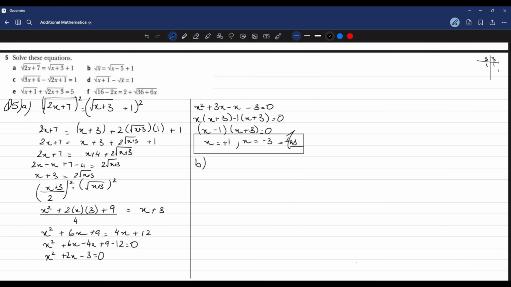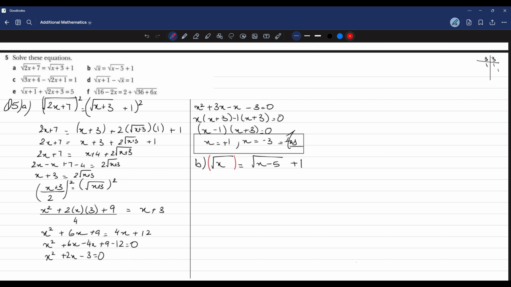For part B, you have under root of x is equal to under root x minus 5 plus 1. So again, square on both sides. In fact, now I'm going to go for different colors.